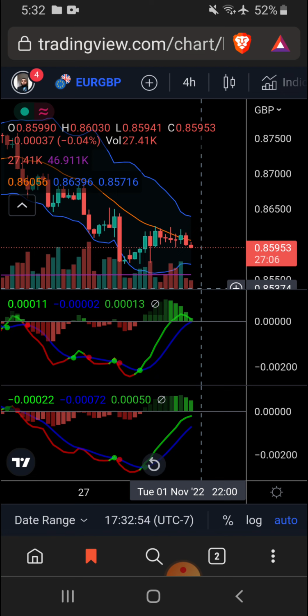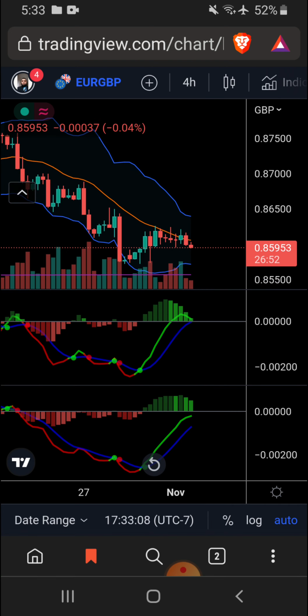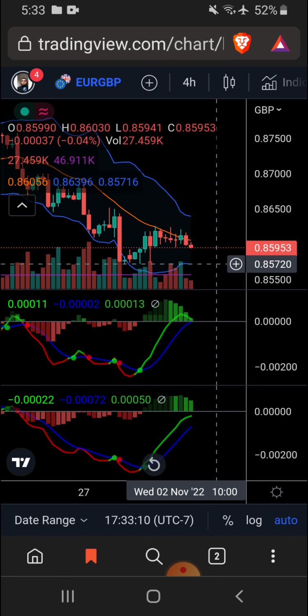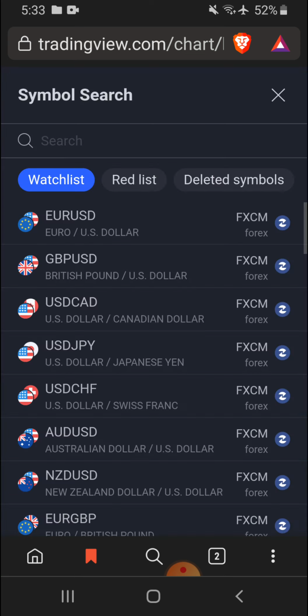Soon. Soon we could be looking at potential bears for the cross, the Euro GBP. Potential target maybe somewhere down here by that support area, 0.85720. More than 100 pips, so that could be happening.